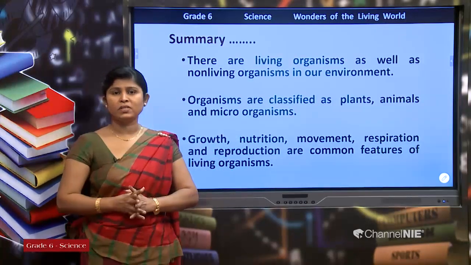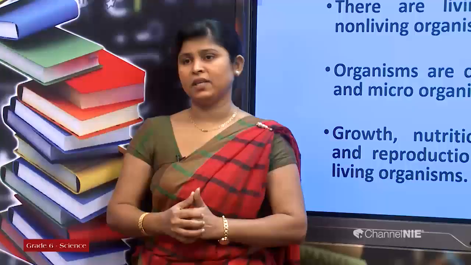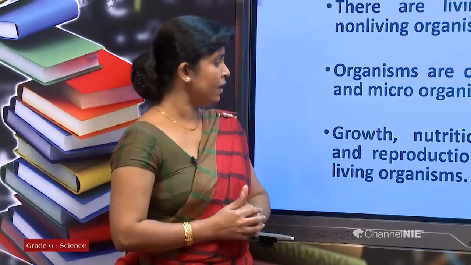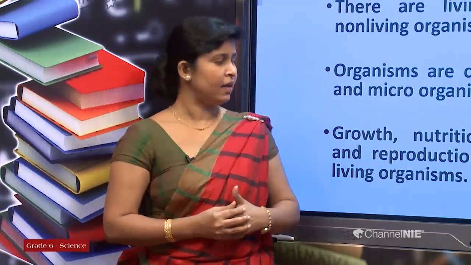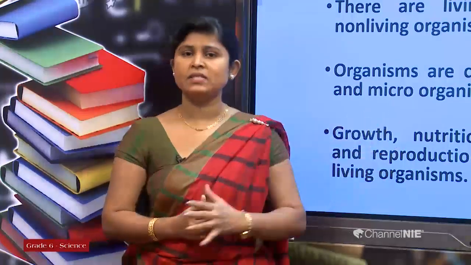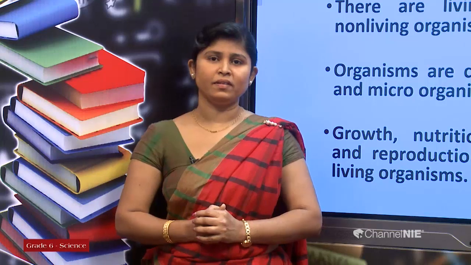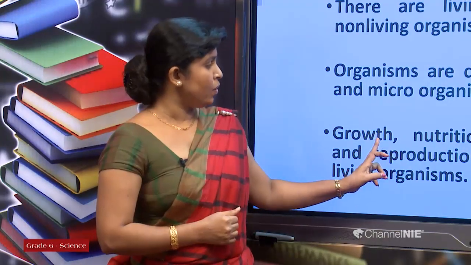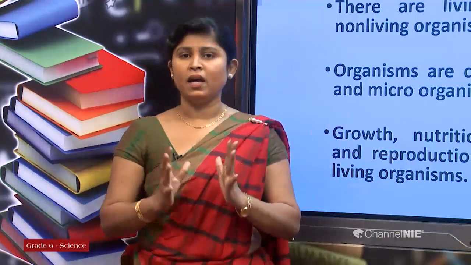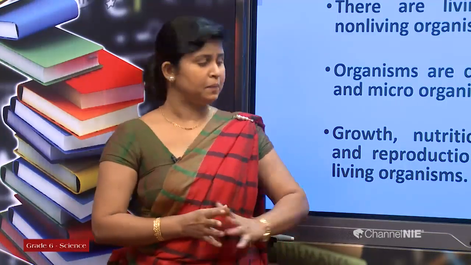Respiration is the process of producing energy in our body, and reproduction is producing a new generation. All these characteristics are very important. Growth, nutrition and movement are well explained by me.